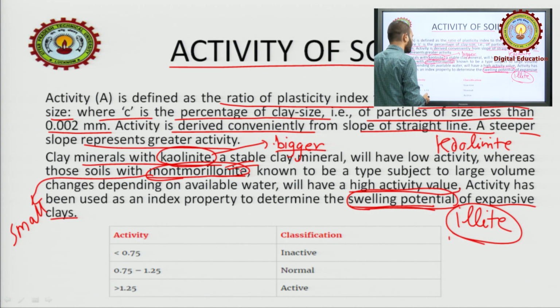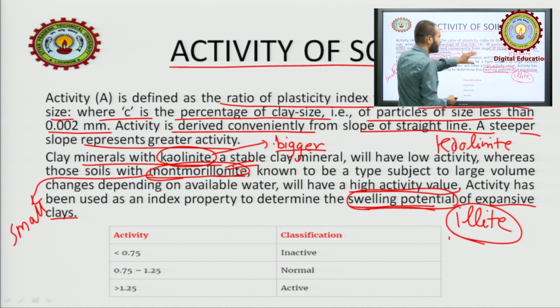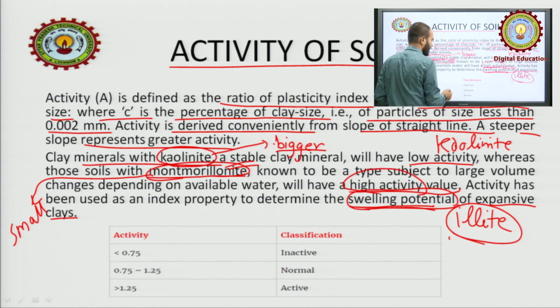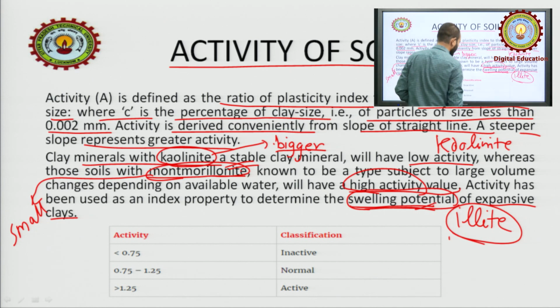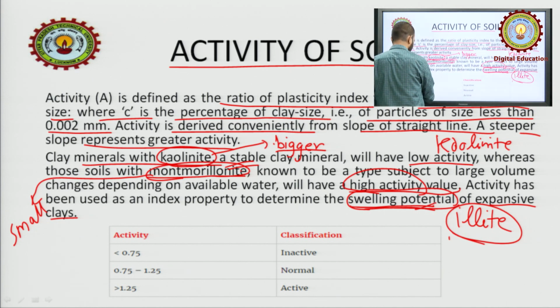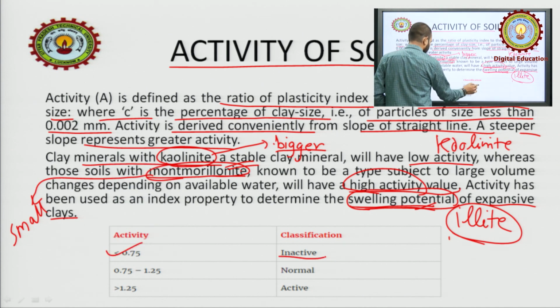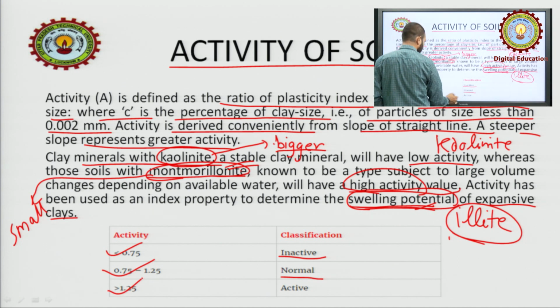So, if the clay contains kaolinite, it will have low activity, but if it is made of montmorillonite, it will have a very high activity. Hence, swelling potential will also be high. This is your general classification: 0.75 means inactive, 1.125 normal, and greater than this it is active. It is the severe case.